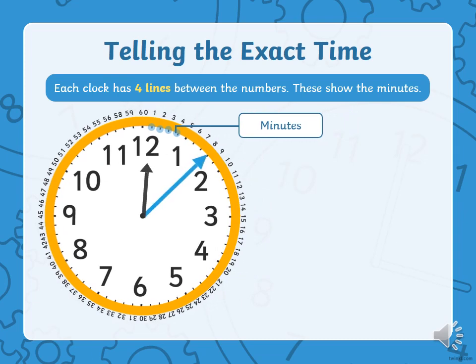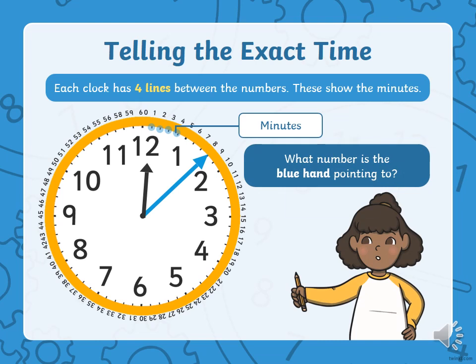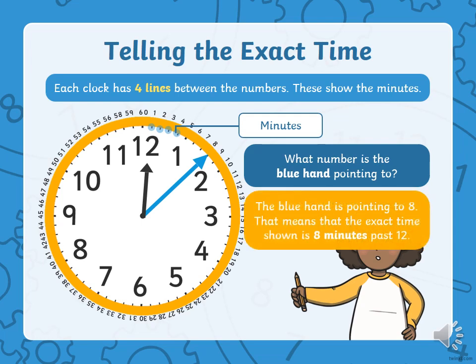So as you can see, these little tiny lines. What number is the blue hand pointing to? Well done. The blue hand is pointing to 8. This means that the exact time shown is 8 minutes past 12.